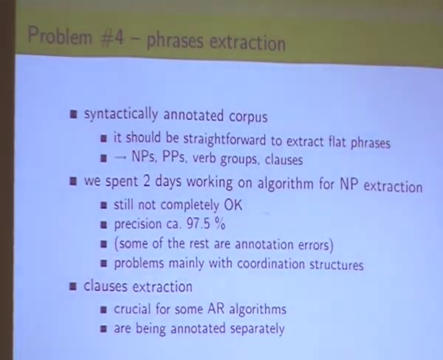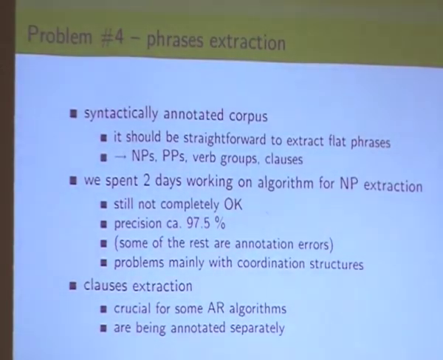But the point is not our algorithm. The problem is that it took 2 days. Writing a shallow parser that would work with such precision on noun phrases could take about 2 weeks, so there is just a little gain from the annotated treebank. We really think that from the technical point of view, it should be easy when we have a syntactically annotated corpus.